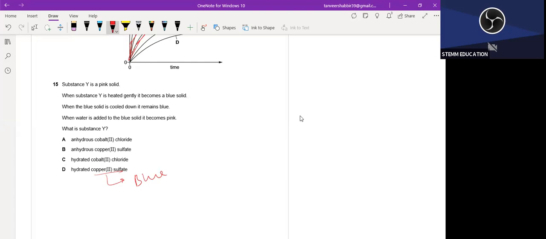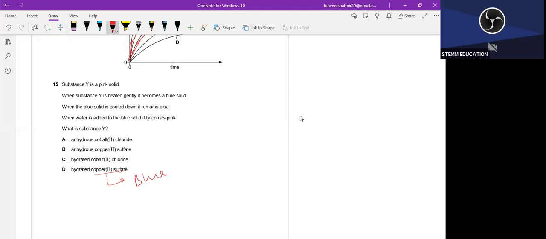Okay, and if you don't know the color of these two, you don't even require this. But because we know Y is hydrated in nature, that's why hydrated copper(II) sulfate is blue.